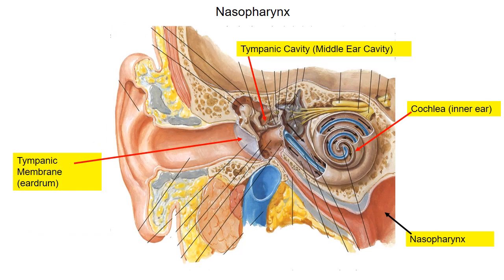Okay? This just gives another view. This is a coronal view of the whole deal right here. And you can see that's an ear right there. This is the external ear canal right there. This would be the location of the external auditory meatus, and the skull would be right there. And at the end of the external ear canal, there's a tympanic membrane. That's the eardrum. And on the other side of the tympanic membrane, that's the tympanic cavity, the middle ear right there.